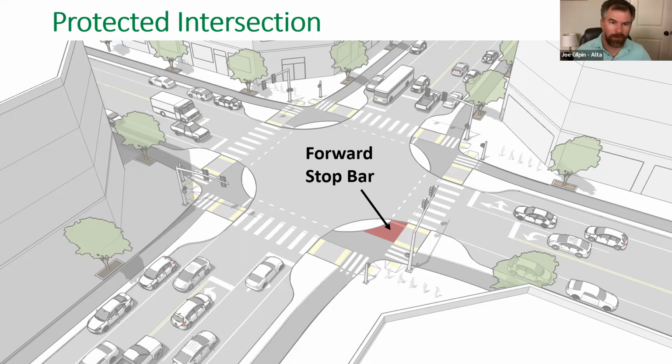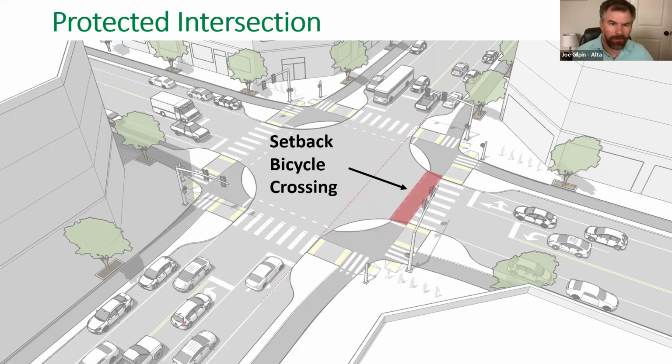We could combine it with some type of temporal head start as well, using some type of leading interval, but that's a topic for another conversation. We have the setback bicycle crossing, which we've already talked about. And again, if you arrive after that first group's kind of cleared out, you have this setback to help protect you going through the intersection. Now, for bicyclists moving through the intersection, obviously through movements are really, really easy.